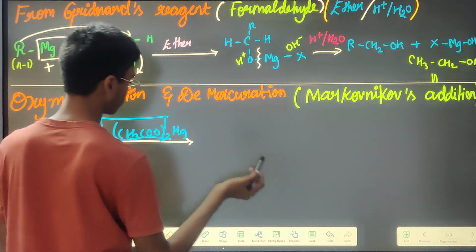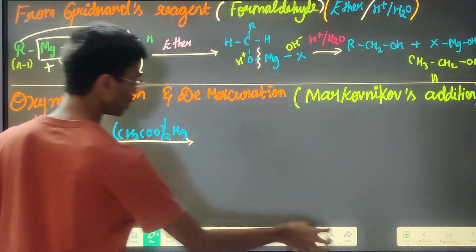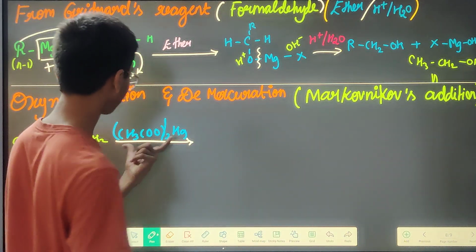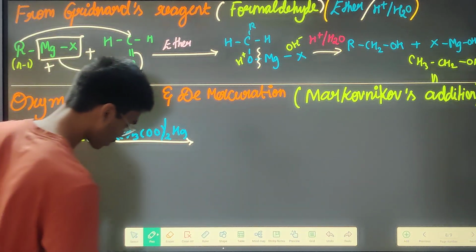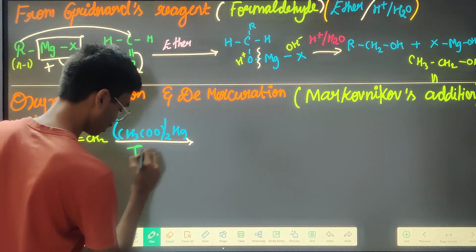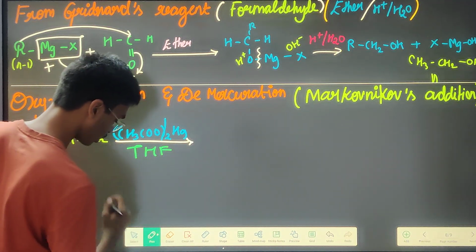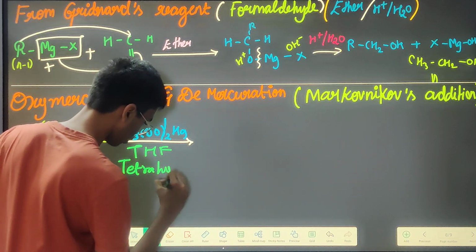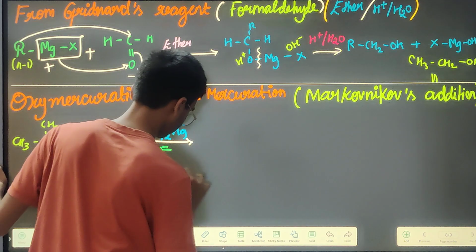Here you can see that there is mercury, so that is what you are mercurating, oxymercurating it. So how will you actually oxymercurate? Also you have to use THF here. What is THF? It is tetrahydrofuran.